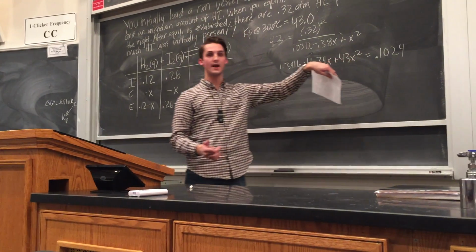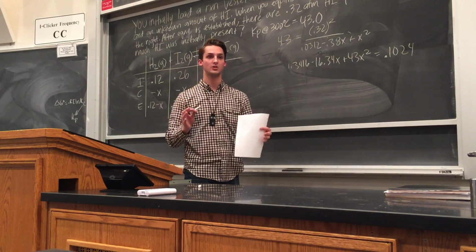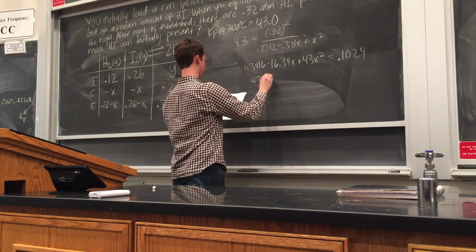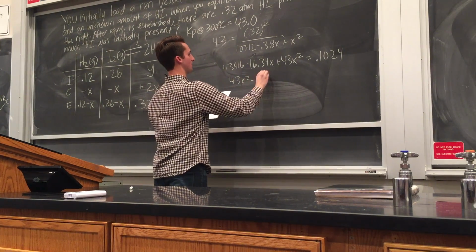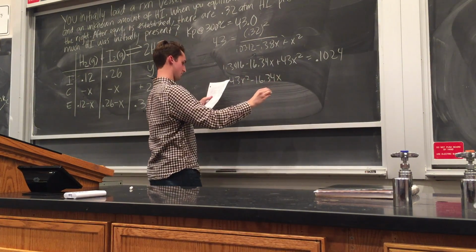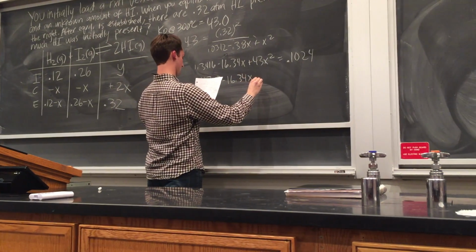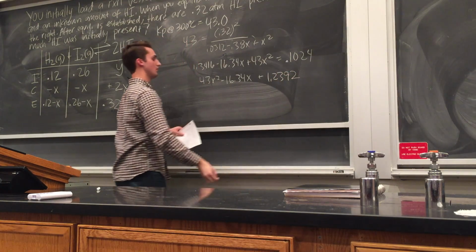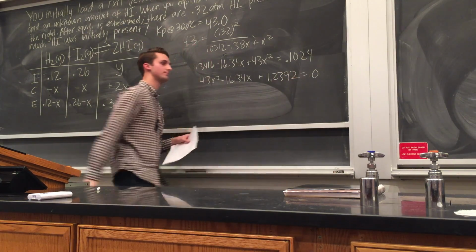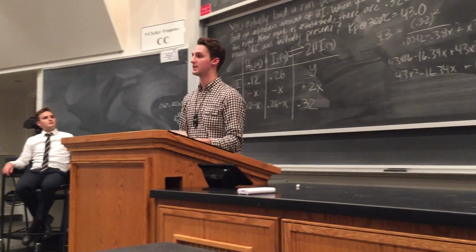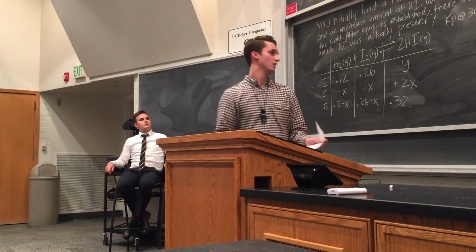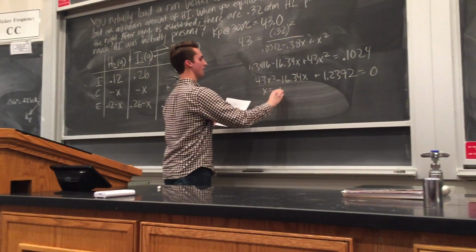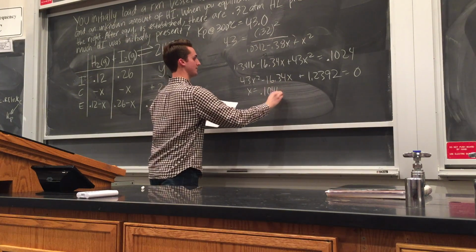So I'm just going to subtract that over, and my final equation that I can use for the quadratic is going to be 43x squared minus 16.34x plus 1.2392. And all that is equal to 0. So now once you have it in this form, plug it into your solver. When you do that, you should get x equals 0.10466.